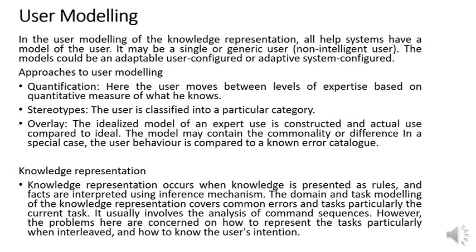It usually involves the analysis of command sequence. However, the problems here are concerned with how to represent the task, particularly when interleaved, and how to know the user's intentions.